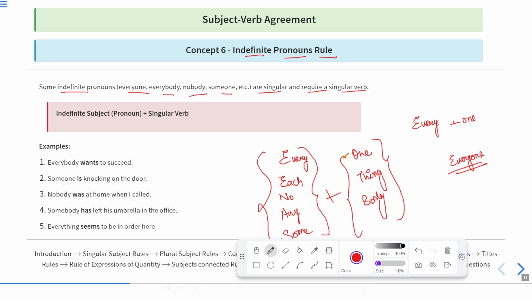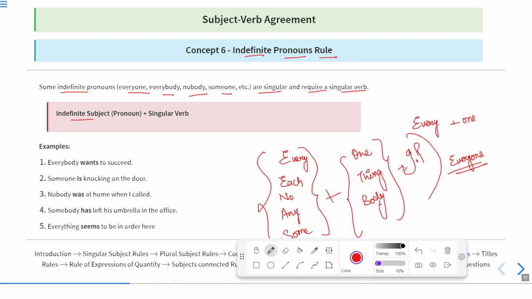Okay, for example, everyone, everything, everybody, each one, each thing, each body. Similarly, no one, nothing, nobody, anyone, anything, anybody, someone, something, somebody. Okay, all these create the indefinite pronouns, and indefinite pronouns are always considered singular.